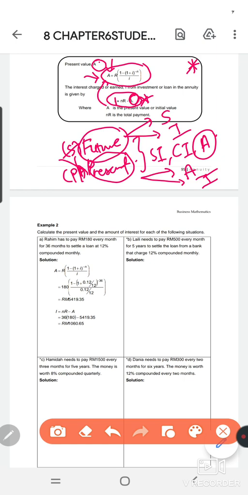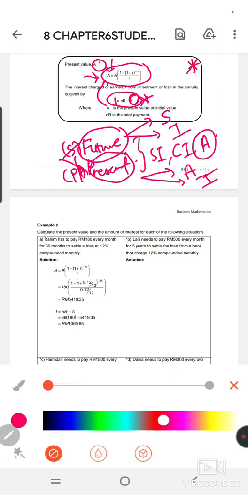Okay, so we try to solve this example. Example 2. Okay, calculate the present value. So it means that we need to find A and the amount of interest for each of the following situation. Okay, so sama juga cara, you just use the formula. Okay, Rahim has to pay RM180.